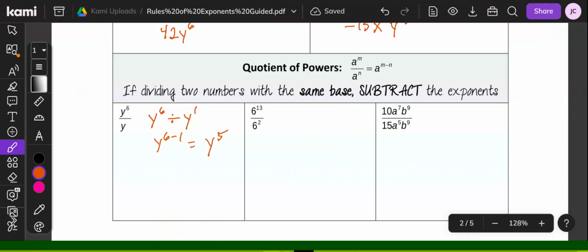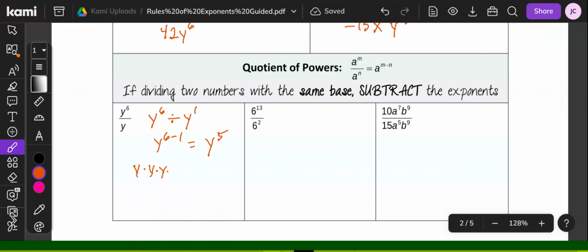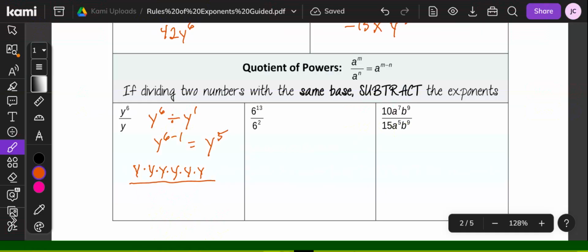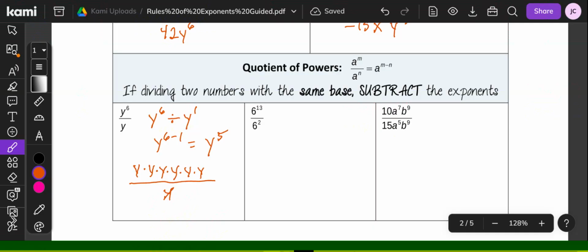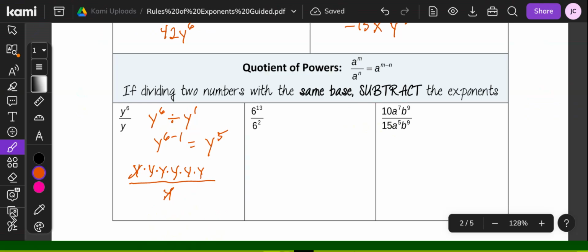Now, why is that? Why, oh why? Well, let's look. y to the 6th, a little sloppy, but that's okay. And then divided by y. And what do I have then? I can take one of these y's, the y below, and one of the y's above, and cross them out because they're equal to 1, right?